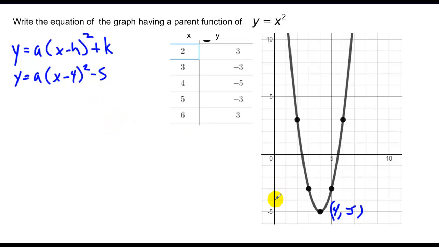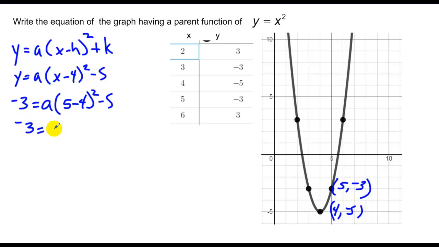And then what I want to do is find another point on the graph. This looks like the point 5, negative 3. Now I'm going to plug that into x and y. So negative 3 equals a times 5 minus 4 squared minus 5. Therefore I have negative 3 equals a times 1 squared minus 5.